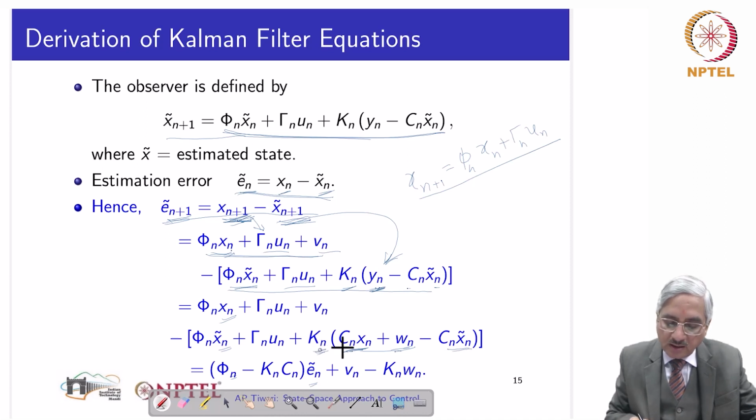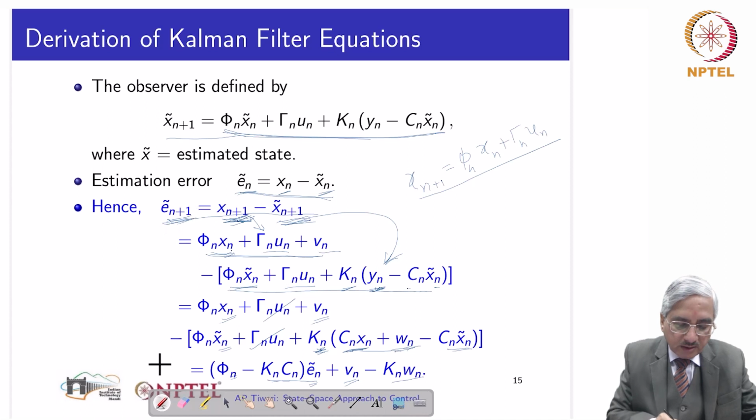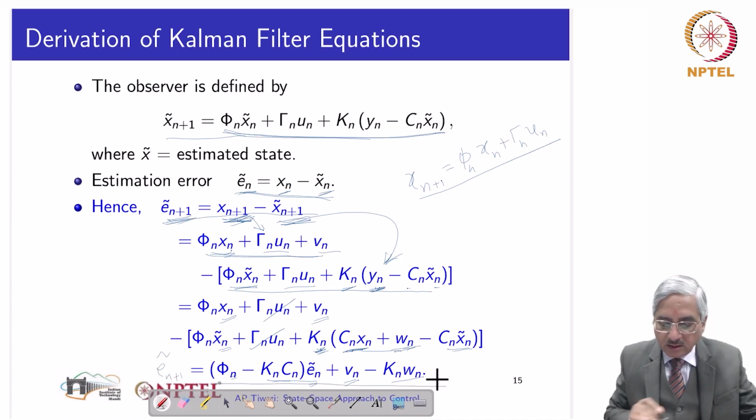So it becomes Kn Cn into xn minus xn tilde, which is E, so that comes here. Remaining are Vn, which is here, and Kn Wn, which is here. This one and this one they cancel. So this is the equation for En plus 1 tilde. En plus 1 tilde is given by this expression.